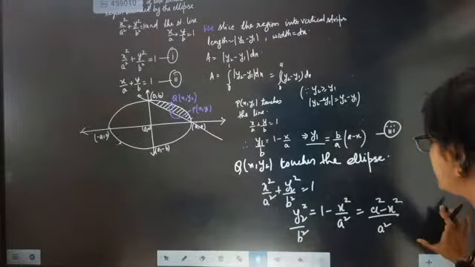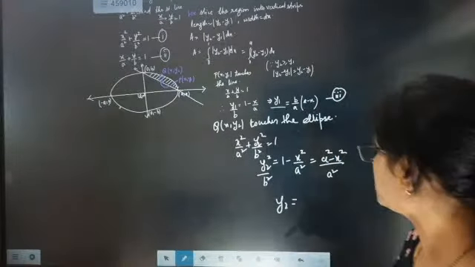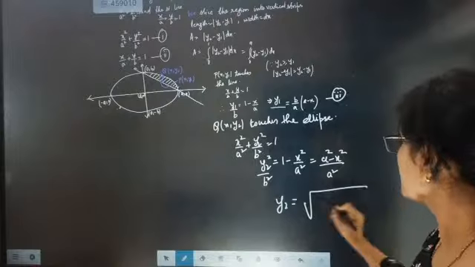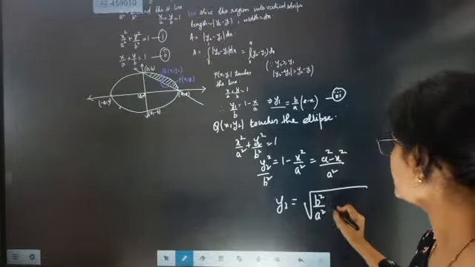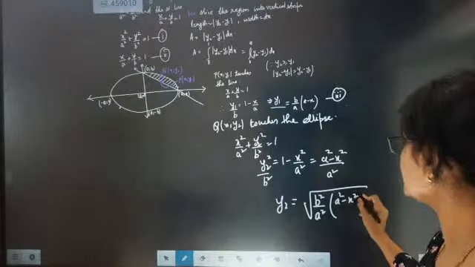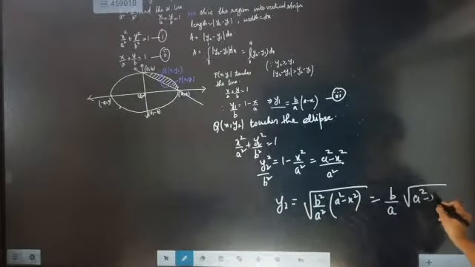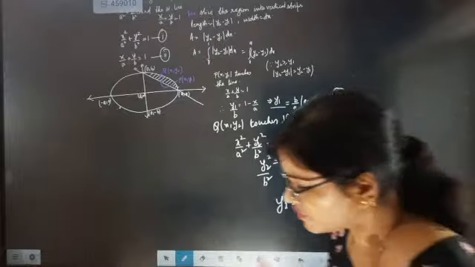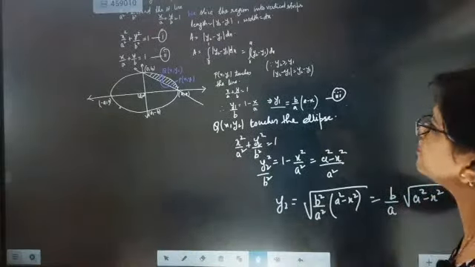So y2 will be equal to root under b square by a square minus x square, so it is coming as b by a root under a square minus x square.